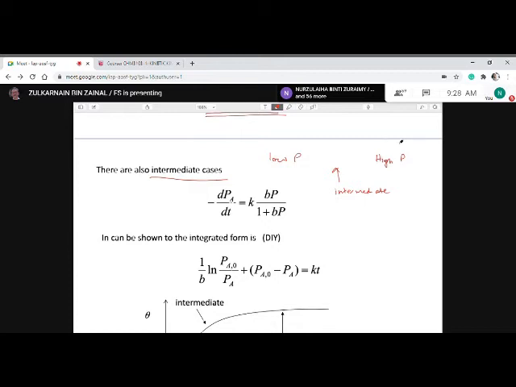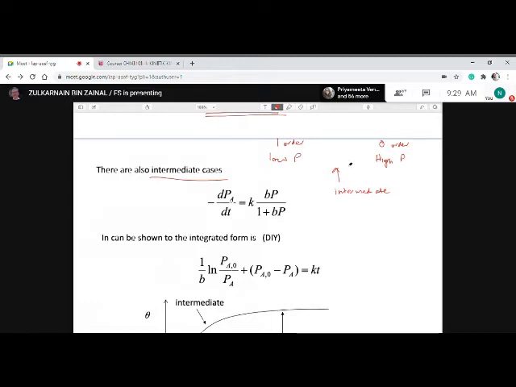This is where you have zero order reaction, this is where you have first order, and this is where you have intermediate order.